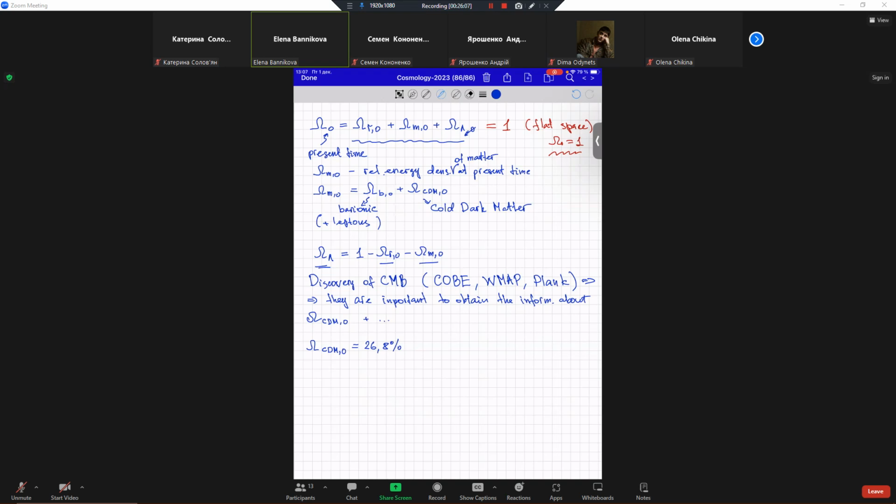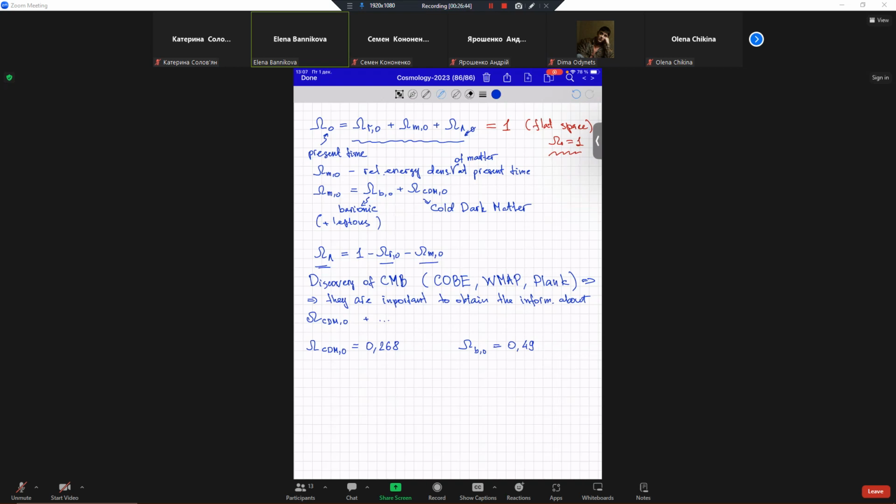All in percent, it's not good to write, so let's write it like this: 0.268. And omega baryonic equals 4.9%, so in decimal, 0.049.